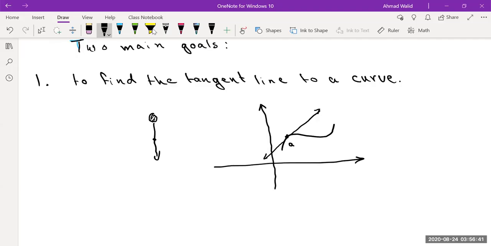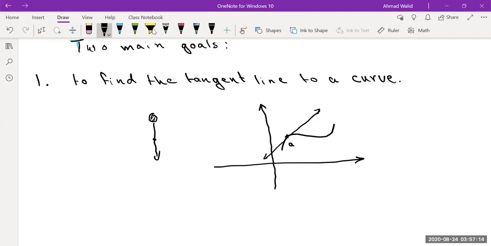Maybe you saw this cartoon of Sir Isaac Newton sitting under a tree and an apple falling on his head. I'm not sure it happened or not, but the main idea he was thinking about was to find the instantaneous rate of change here, correct? That's why he worked on his math and created calculus.